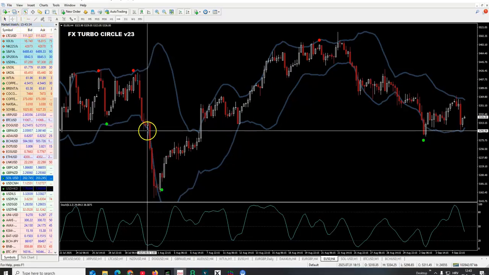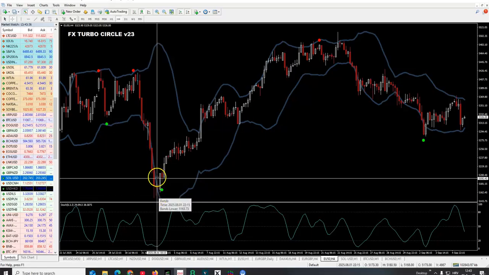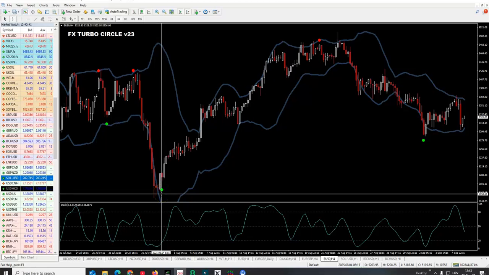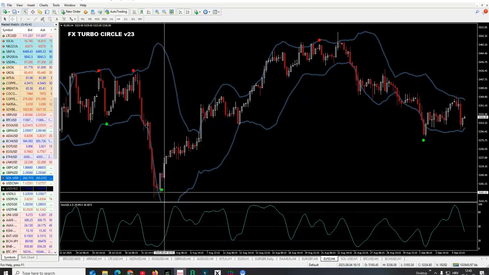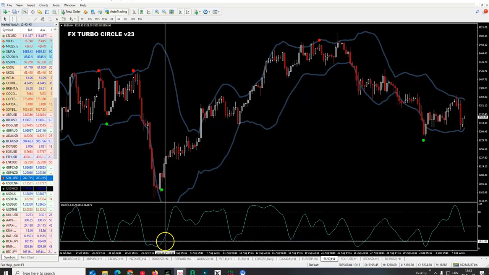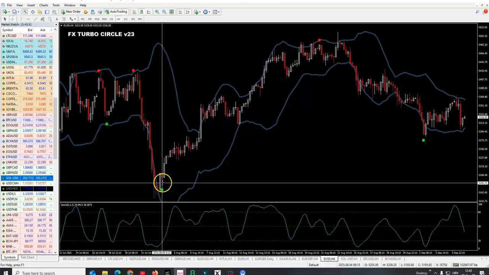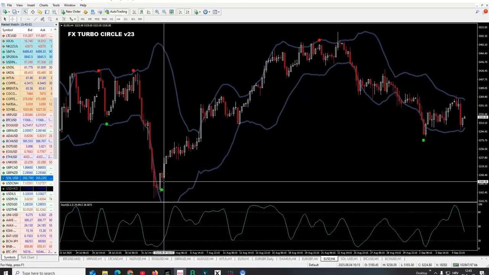It was crossing the bands, green arrow, green circle, but we have to wait for it to cross up to show us the change of trend. And here we can enter the trade.